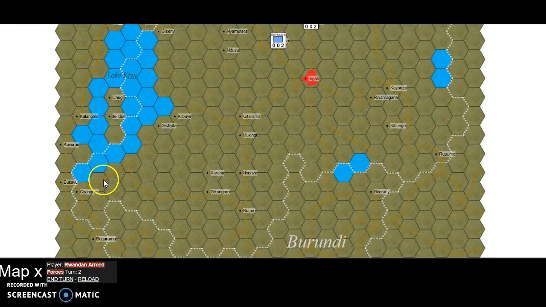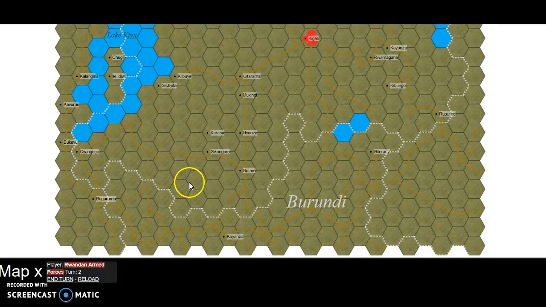But there are other refugee camps down here. This is Nyarushishi, and on the other side of the border in Bukavu, and somewhere around here in Kibeho. 1, 2, 3, 4, 5. Is that it? Yep. Oh no, there's one down here in Bamako.